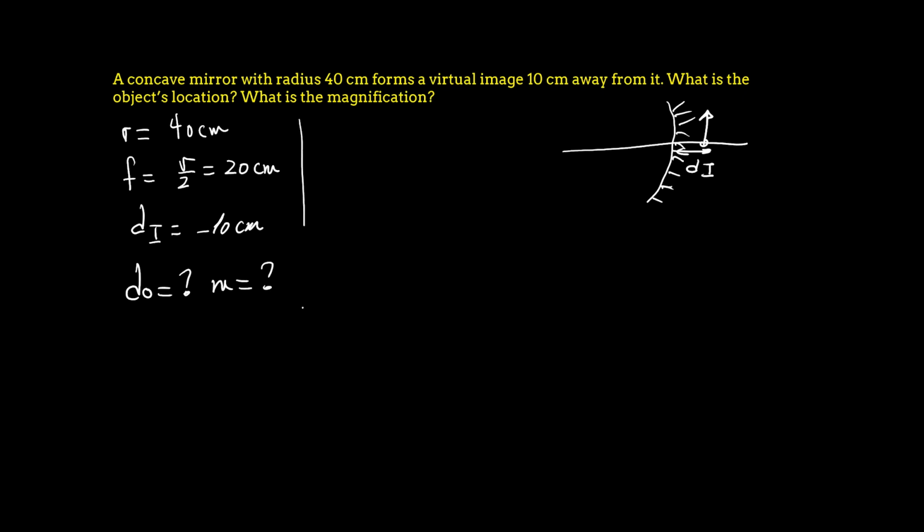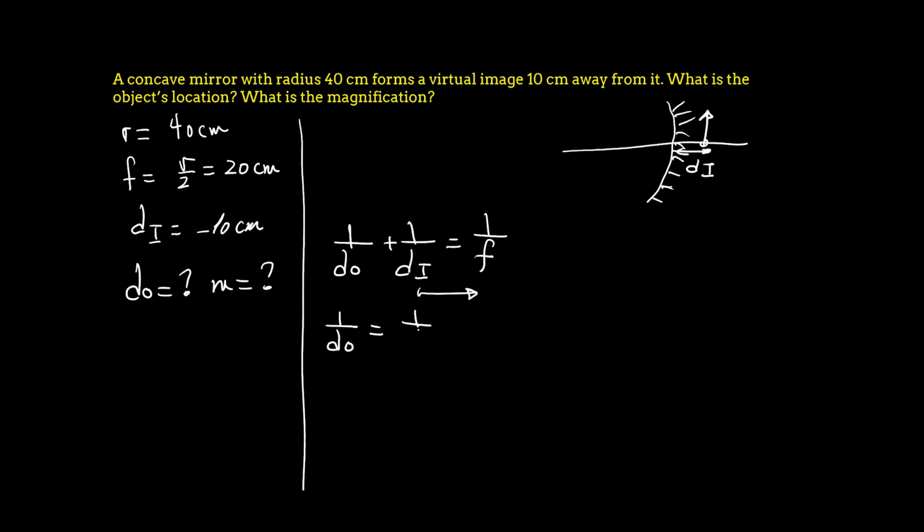So let's solve it. 1 over DO plus 1 over DI equals 1 over F. Bring DI over. Get a common denominator. Sorry, that's DI right here. Apologies, DI minus F. Now we flip them.